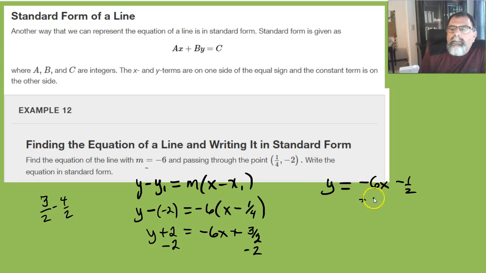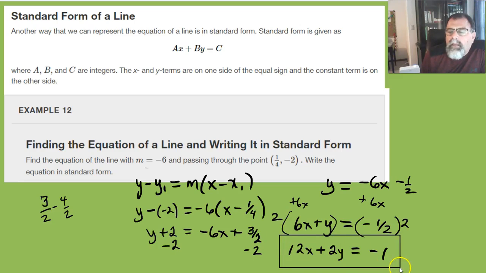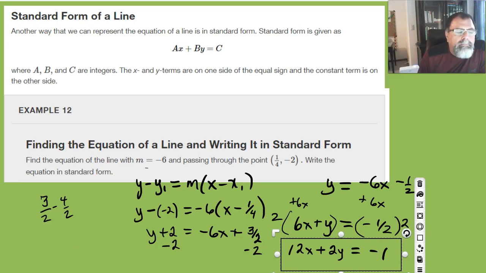So we need to add 6x to the other side. We get 6x plus y equals -1/2. We want all these to be integers, so we multiply everything by 2. So we get 12x plus 2y equals -1, and that will be our standard form for the line.